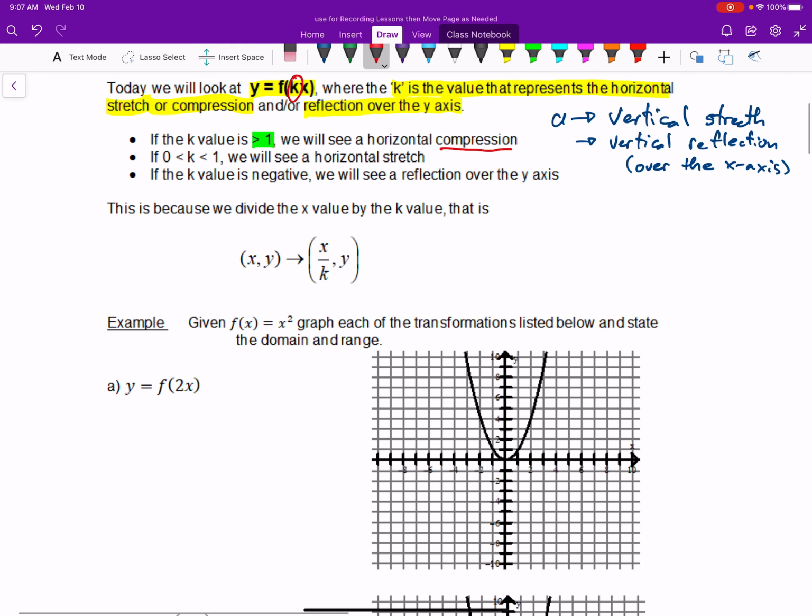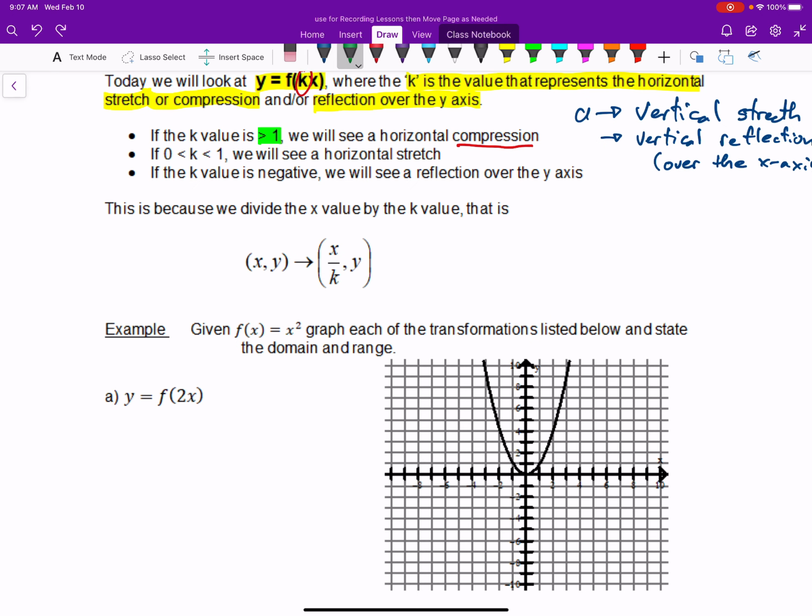And if k is between 0 and 1, then we're going to see a stretch. Again, that's opposite from what you've seen for the a value. If we had an a value of, say, 0.5, we know that our parabola would have been compressed down to half as tall. If we have a k value of 0.5, it's actually going to become twice as wide.